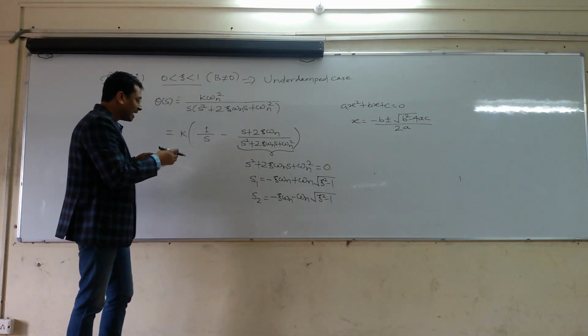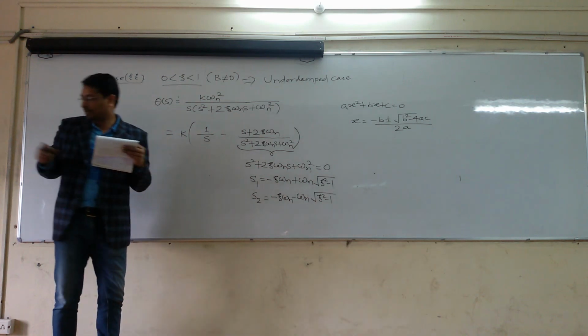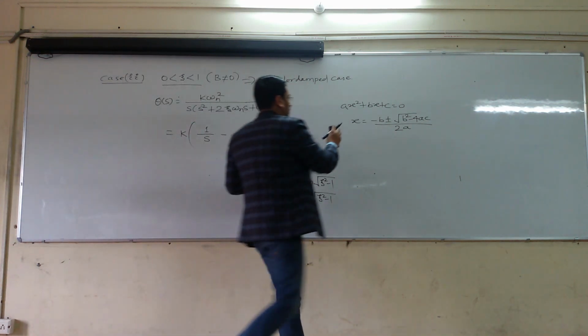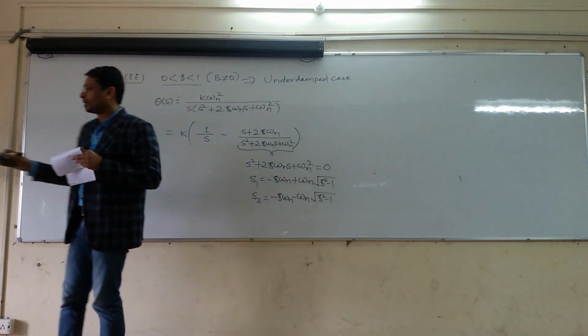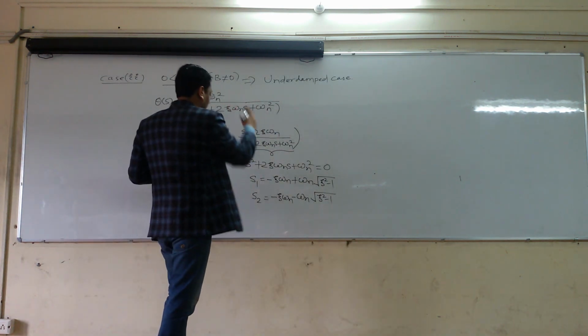Okay. And since we have taken the case of an underdamped system, zeta is less than 1.